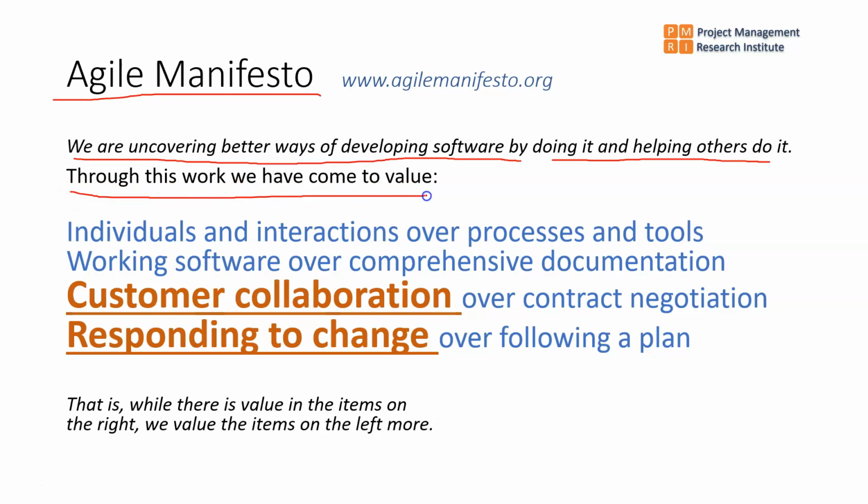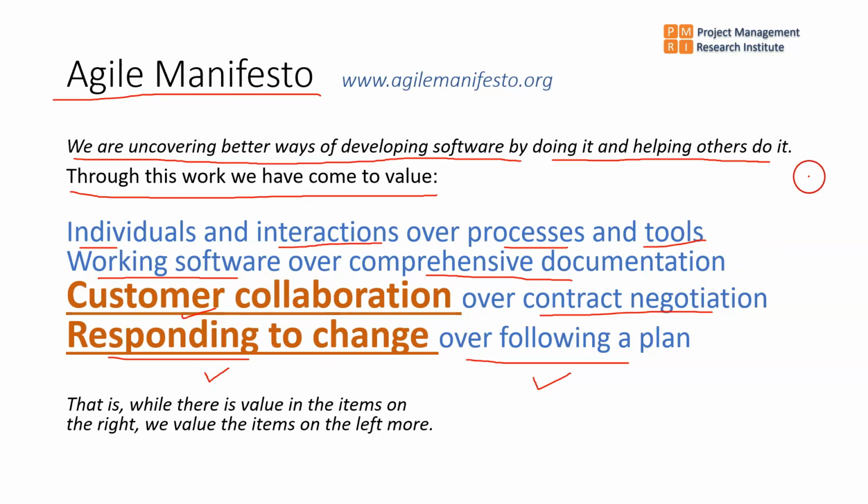Through this work we have come to value: individuals and interactions over processes and tools; working software over comprehensive documentation; customer collaboration over contract negotiation; and responding to change over following a plan. And out of this, the last sentence is the most important one: while there is value in the items on the right, we value the items on the left more.